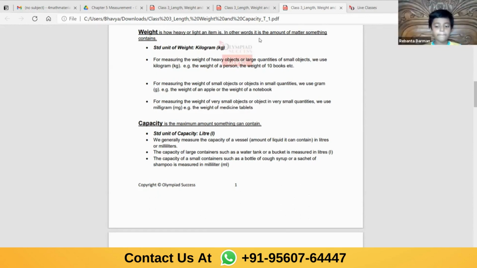Alarika, what is your question? Nothing, I just got it. Okay, Bobby, capacity is something that we use for liquid items. It can be any liquid item. It can be milk, water, cold drink, fruit juice, diesel, petrol.